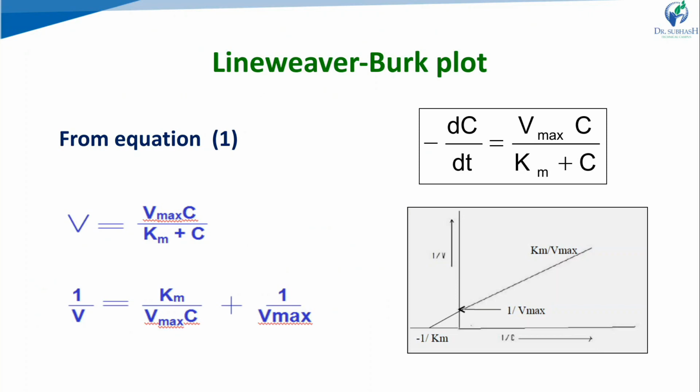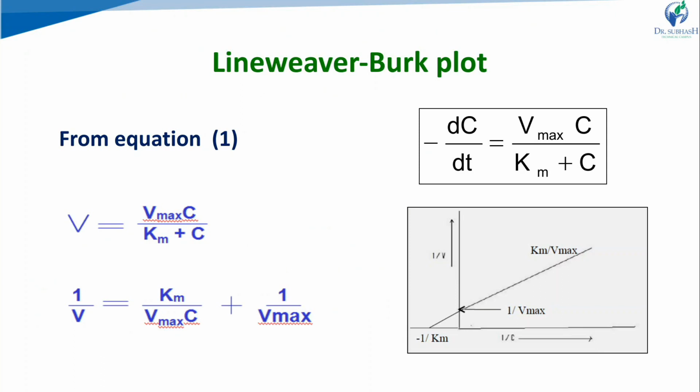We can represent minus dC/dt as V, so V is equal to Vmax into C upon Km plus C. After taking the reciprocal, 1 upon V is equal to Km upon Vmax into C plus 1 upon Vmax.